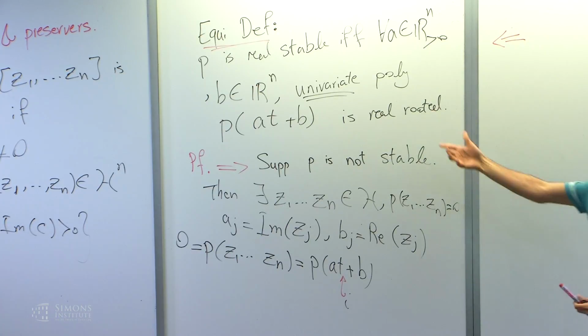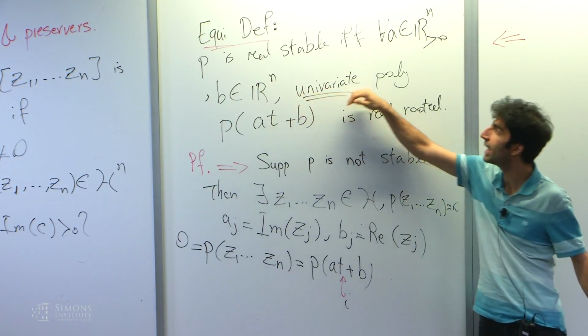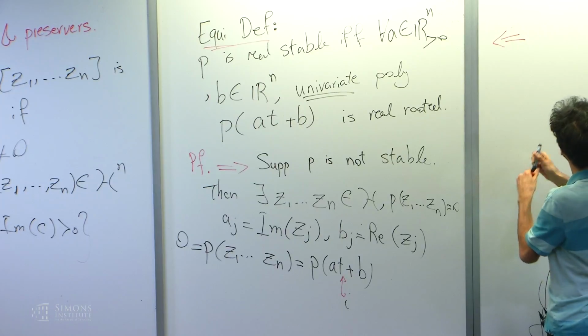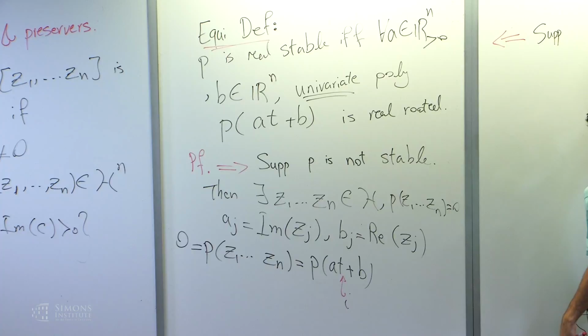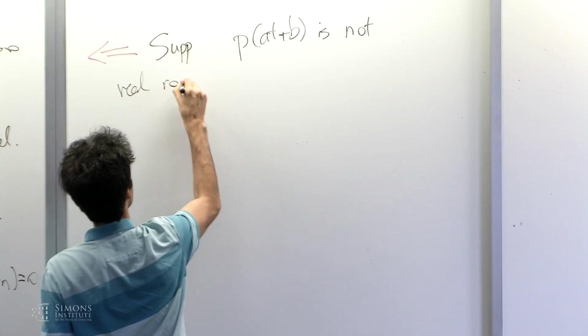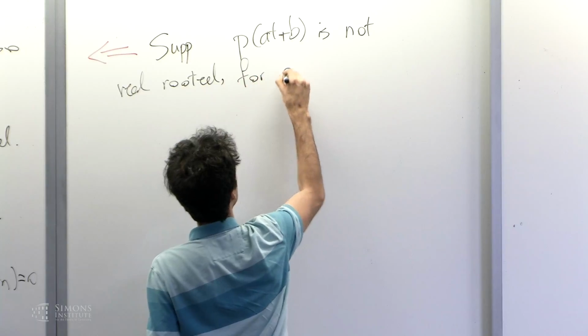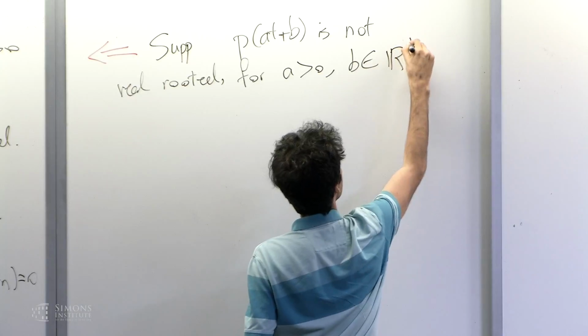Okay, so now let's prove the opposite direction. So now I want to go from here to there. So I want to assume that this polynomial is real rooted. I want to prove that the original polynomial P is real stable. Now, again, let's prove by contradiction. So suppose P of at plus b is not real rooted for some a which is positive and b is real.